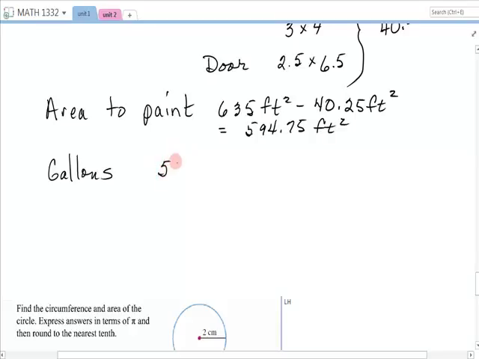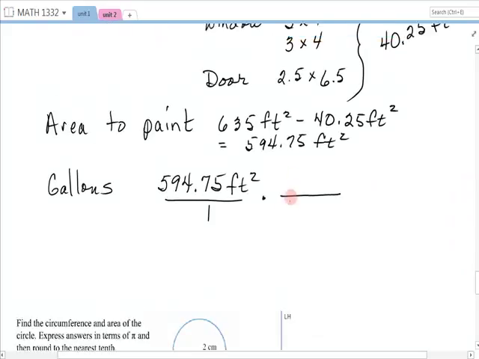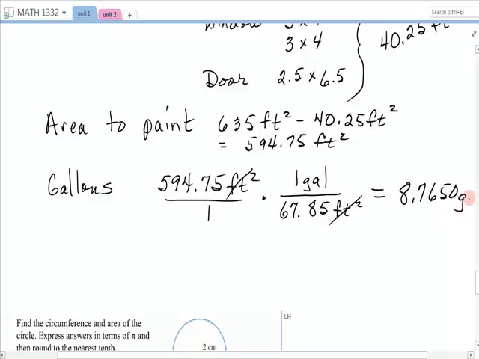I have 594.75 feet squared, put it over 1, multiply it by 1 gallon over 67.85 feet squared. Feet squared cancel. I'm just going to do a drum roll and say that I get 8.7650 gallons.